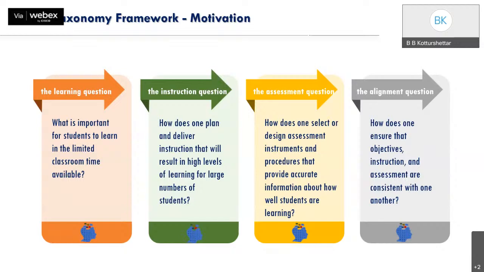people who were working on the taxonomy framework. So finally, the alignment question: how can we align the outcomes, the instructions, and the assessment? This was the fourth question. And the taxonomy or the framework helps us in answering all the four questions in a much better way.